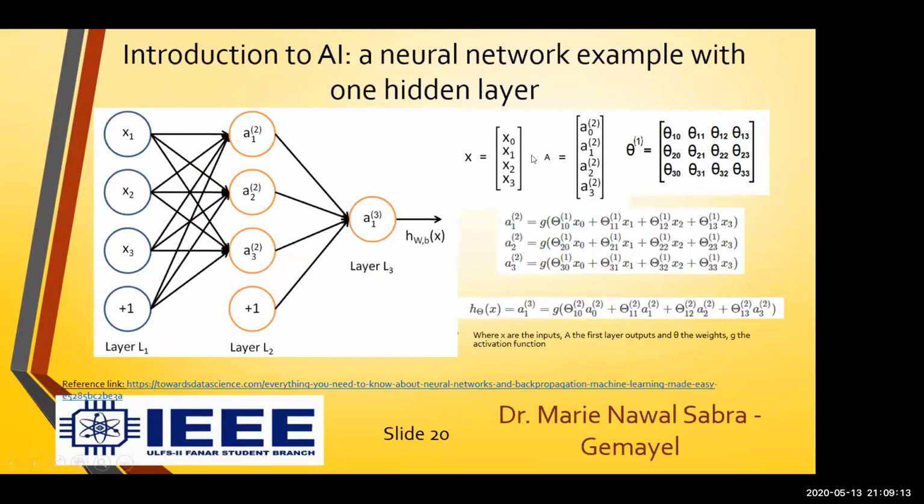And I have A, which is the weights. Then I have A, which is the second layer, and theta, which is the weight. If you can see, each one of these functions is the multiplication of all the weights with the inputs. And then I have the sum of all of these functions multiplied by an activation function, which is G. And I have the output function H.